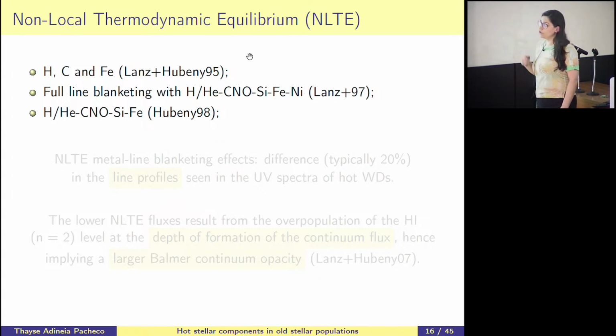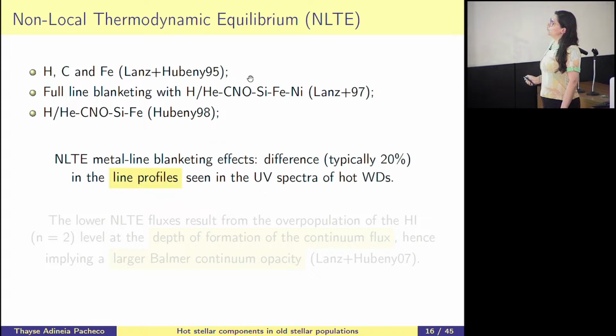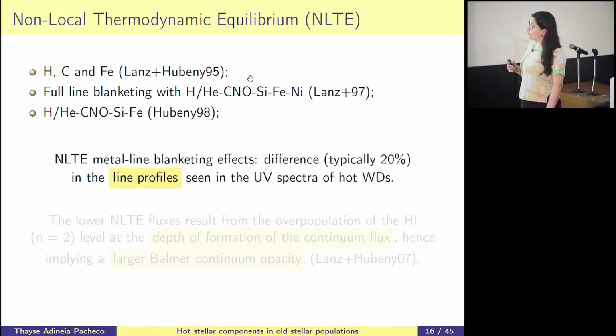The first models were built using just hydrogen, carbon, iron, and a few CNO, silicon, and nickel to contribute to the atmosphere opacity. And we can see important changes in the spectrum.